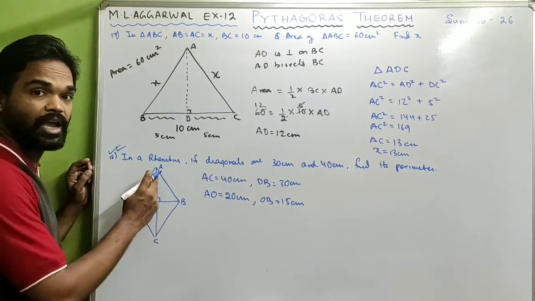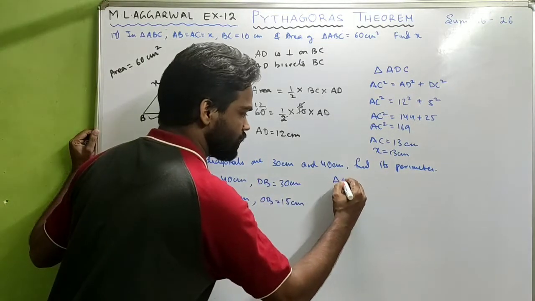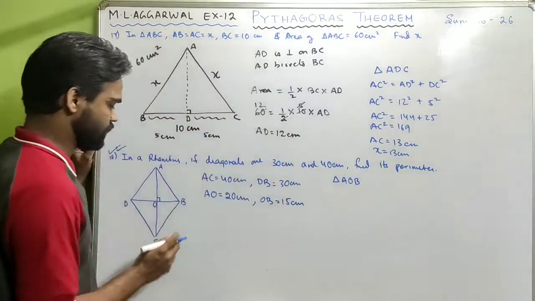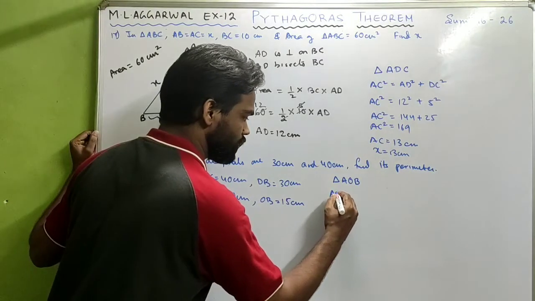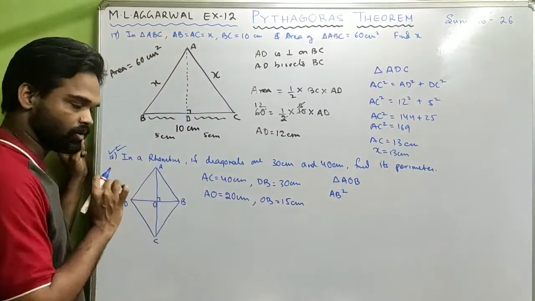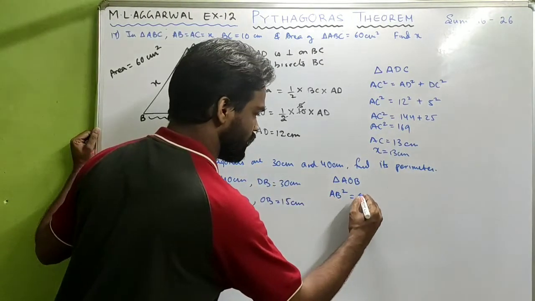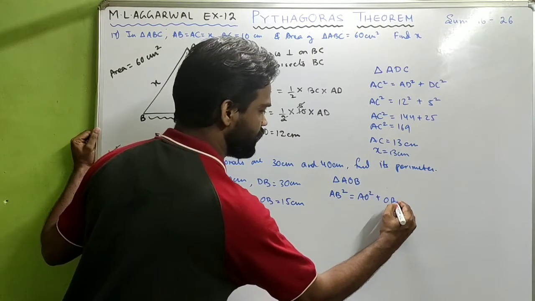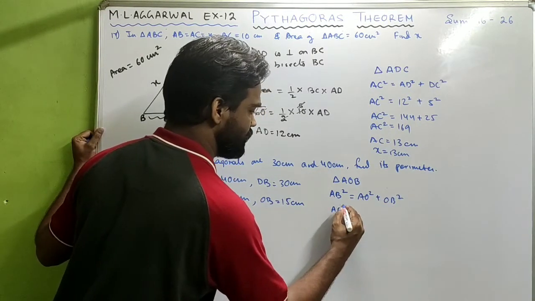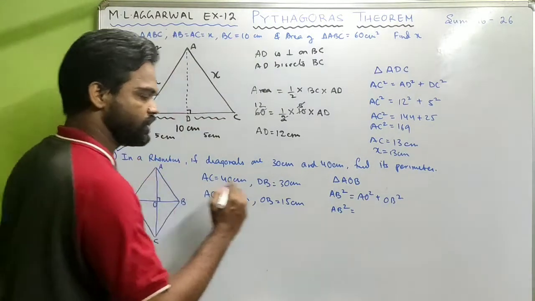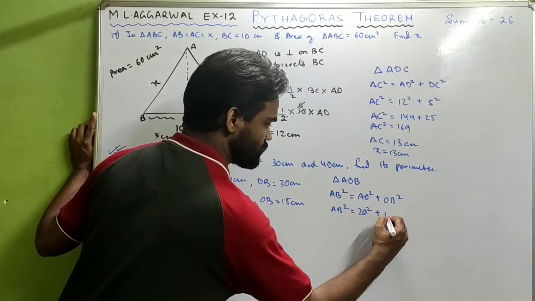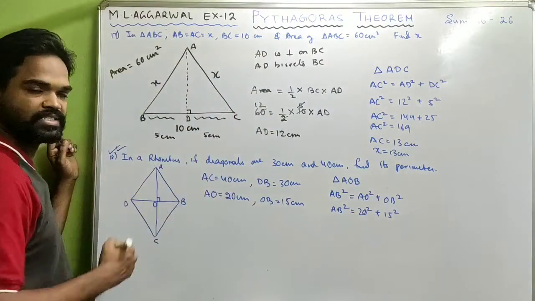Now look at triangle AOB. In triangle AOB, AB square, AB is the hypotenuse, is equal to AO square plus OB square, which means AB square will be 20 square plus 15 square.